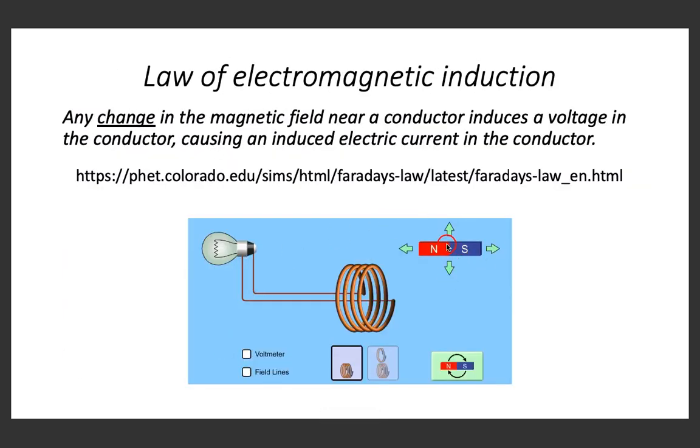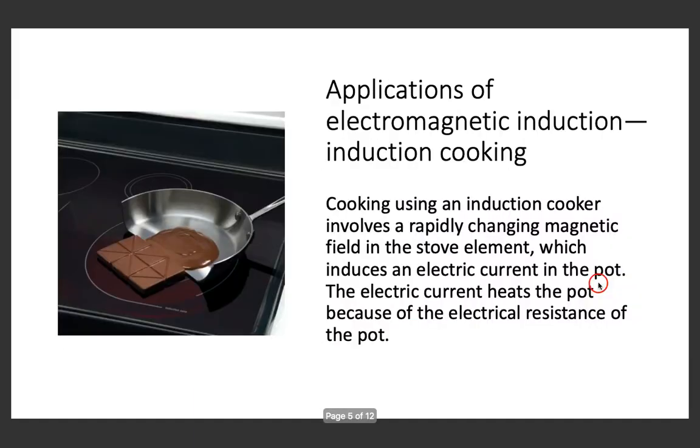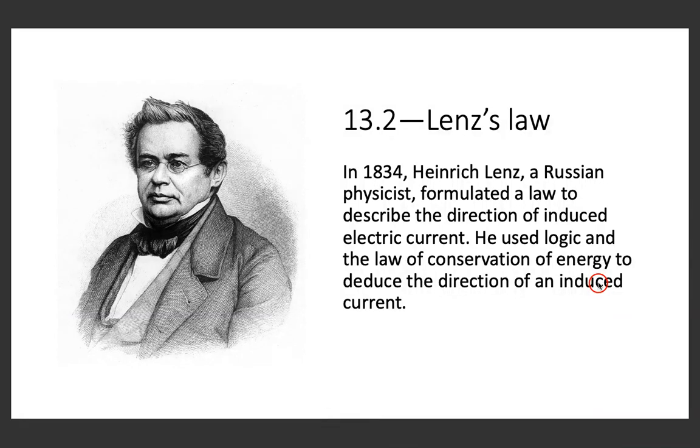With our FET simulation earlier, whenever we plunged the magnet into our coil, we said that there's a current induced in the conductor, but we didn't really talk at all about what direction that current flows in. And using Lenz's law, you can determine what direction that current flows. And so we're going to learn about how that law works. And it's kind of an interesting argument that's used to figure out the law.